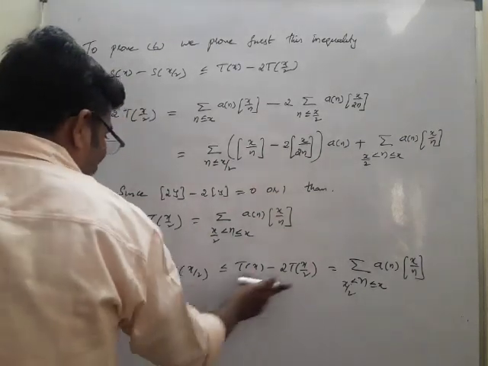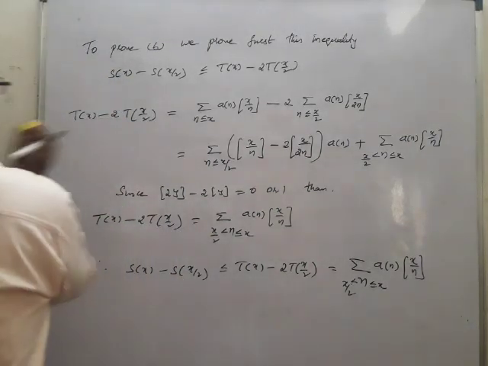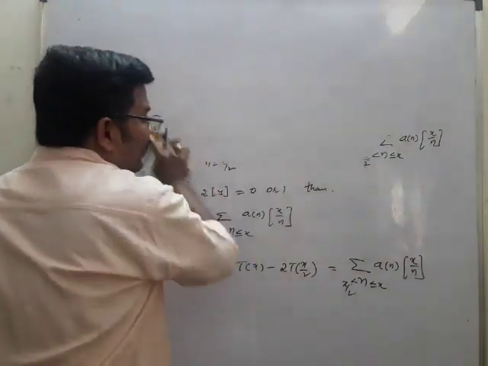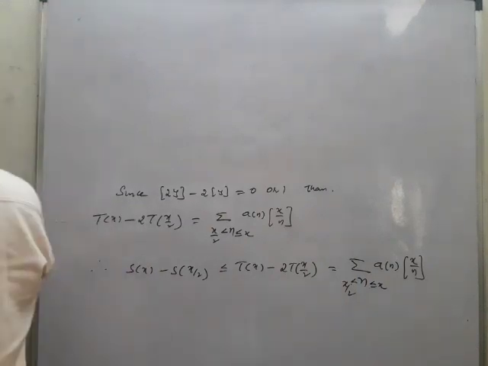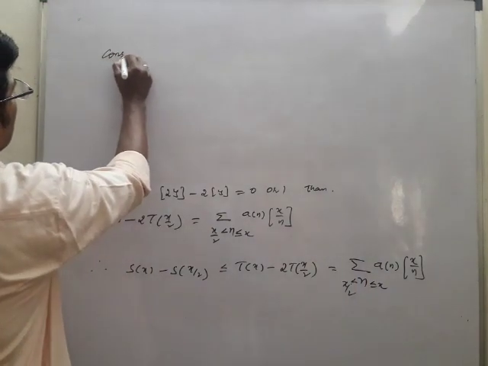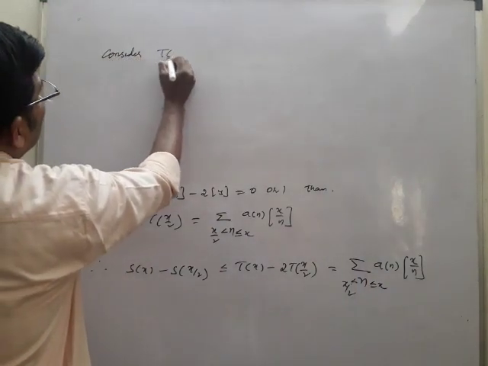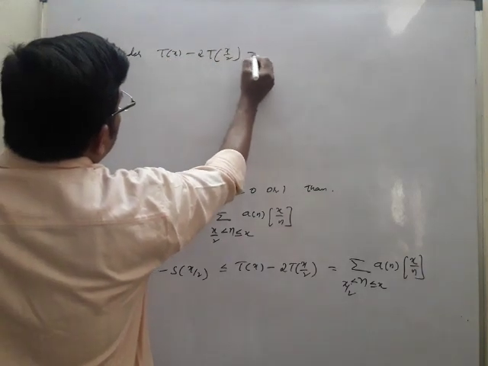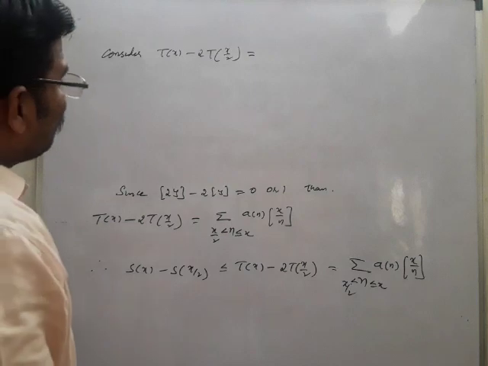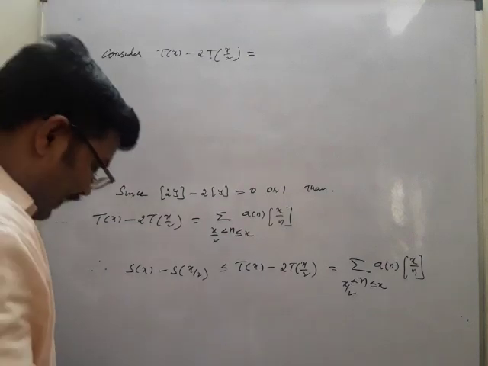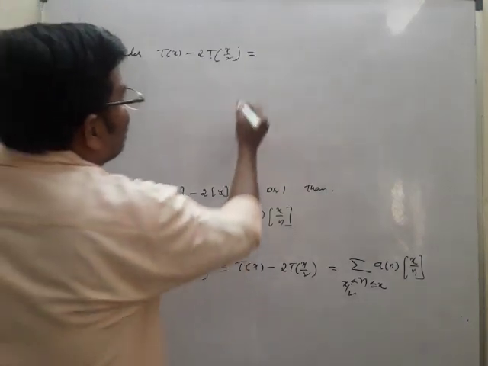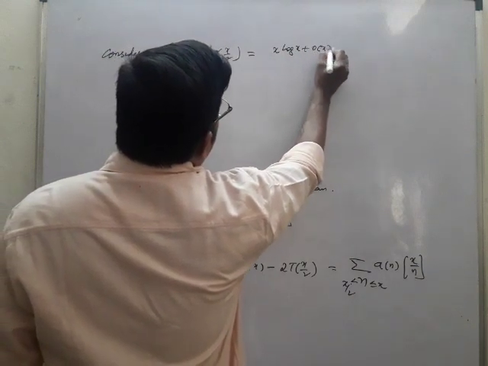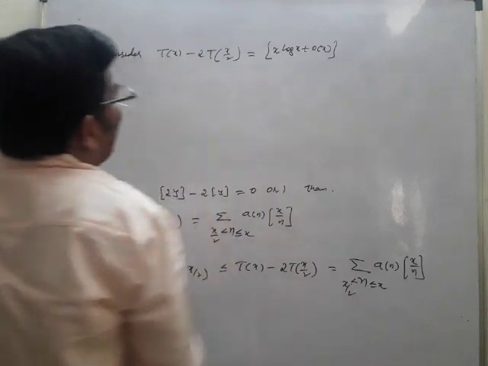We'll take T(x), and consider T(x) minus 2 T(x/2) is equal to. T(x) is nothing but we have the formula, that is x log x plus big O of x.